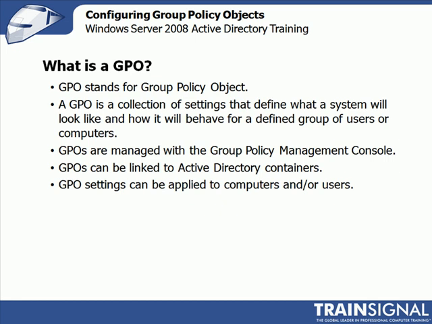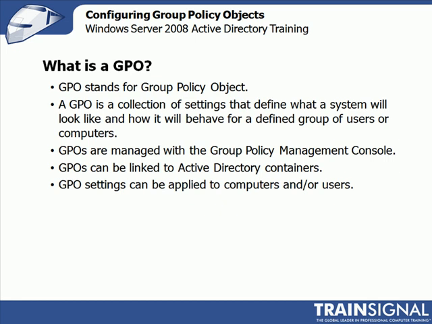So what is this thing that we're referring to, this GPO? Well, GPO, as in the title of this lesson, stands for Group Policy Object. But what is a group policy object? It's a collection of settings that define what a system will look like and how it will behave for a defined group of users or computers.